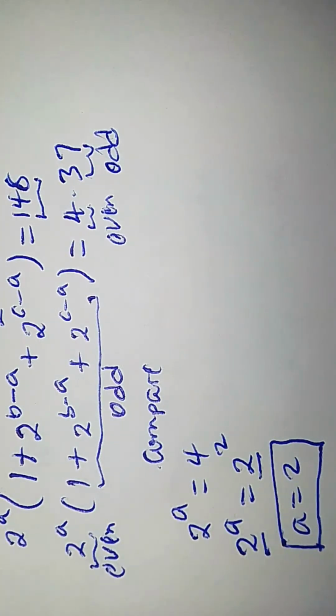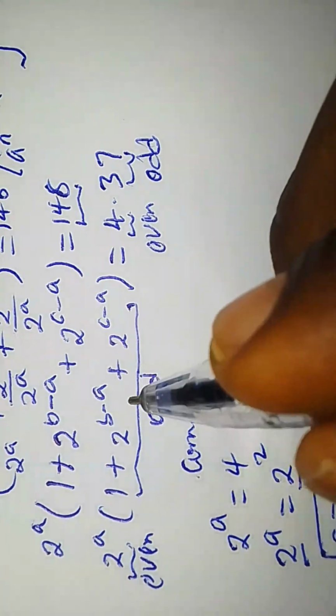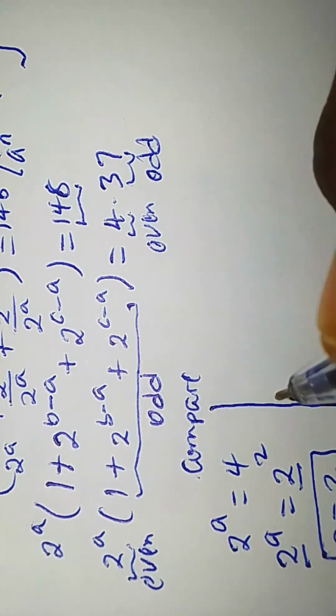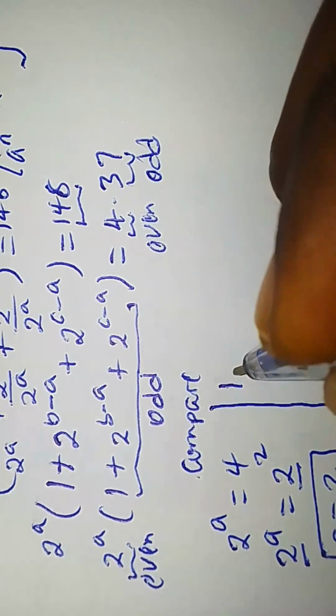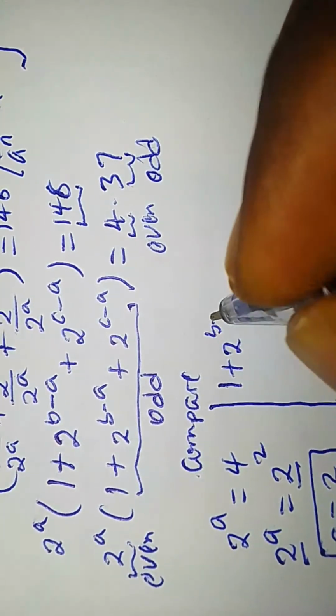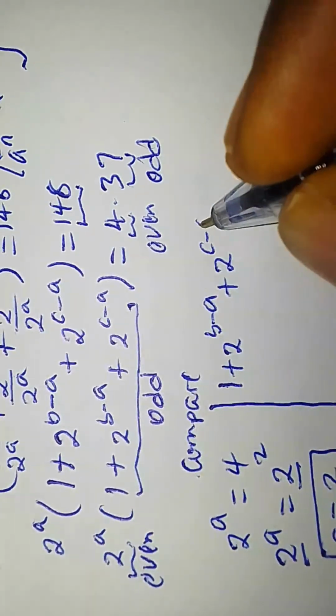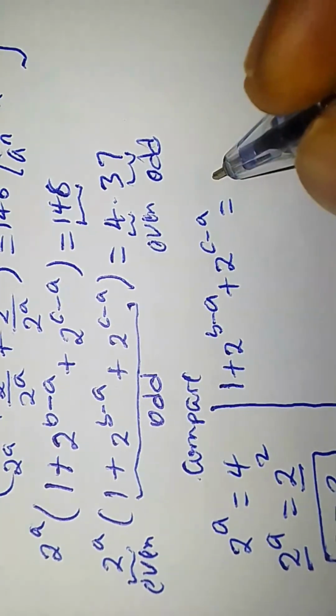Now let us compare the other one. So let us compare the odd part. So that gives 1 plus 2 raised to b minus a plus 2 raised to c minus a equal to 37.